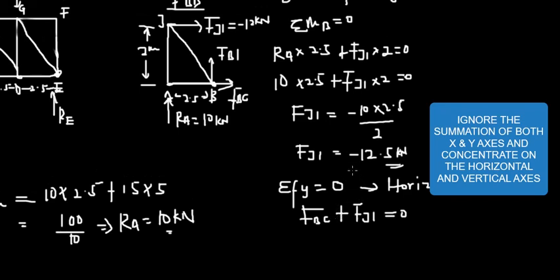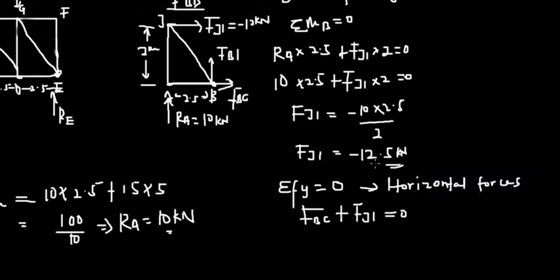That's minus 12.5. So all you have to do is just substitute. You have FBC minus 12.5 equal to 0. So you have FBC equal to 12.5 kilonewtons. You see how simple this is.